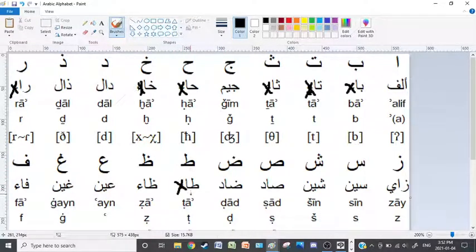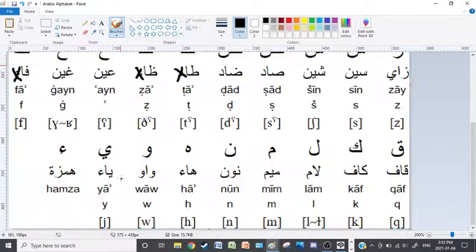Remove the Hamza, which is the apostrophe here. Va, not va'. Tha, not tha'. Remove the glottal sound. Ha, not ha'. Remove the Hamza, remove the sound. Ya, not ya'.